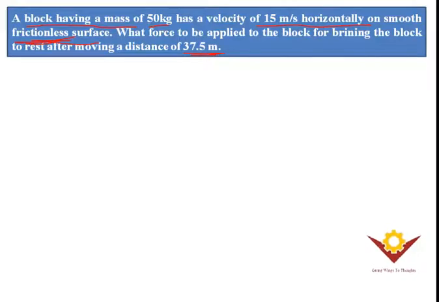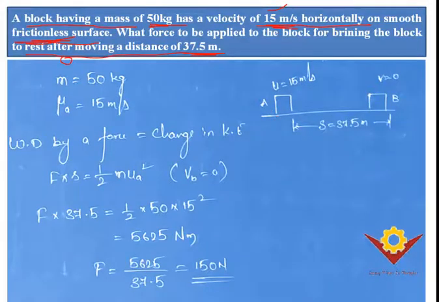So the block is 50 kg and it is moving with a velocity of 15 meters per second, but it is brought to rest after moving a distance of 37.5 meters. So the initial velocity is 15 meters per second and the final velocity is 0. Clear? And the mass of your body is 50 kg. On a horizontal surface we have a block which is moving with the initial velocity of 15 meters per second.